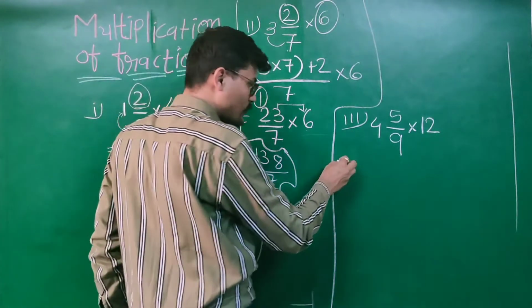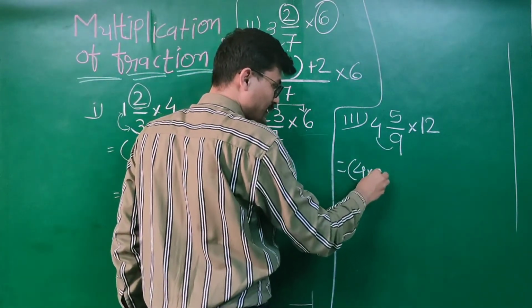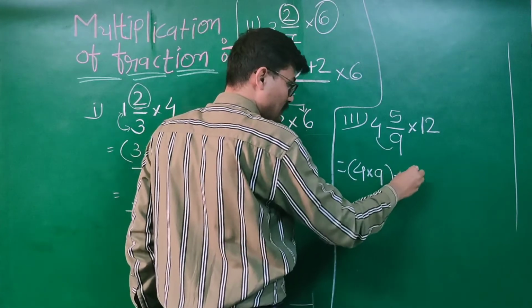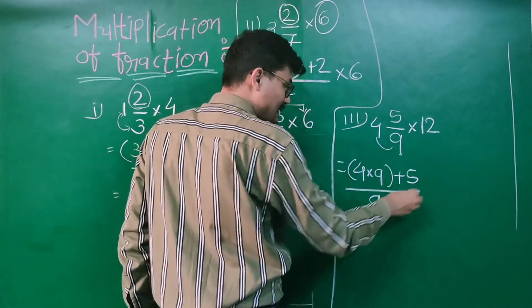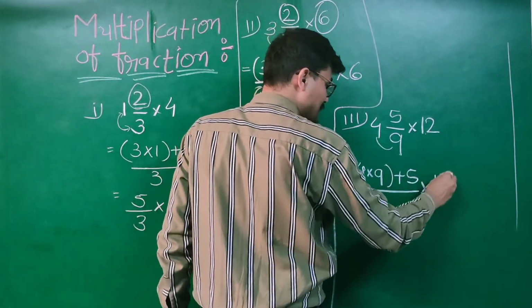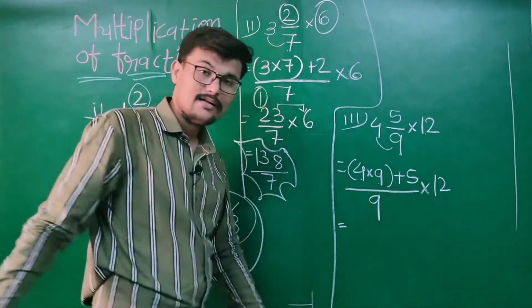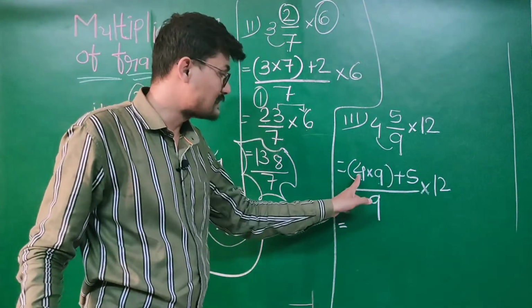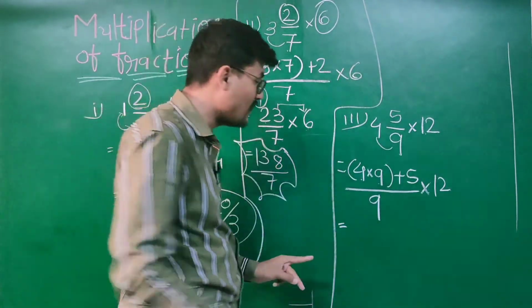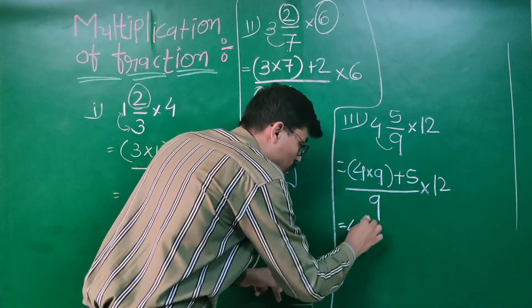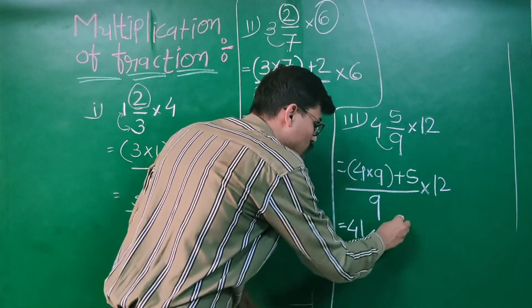So what can I do here? 4 into 9 plus 5, divided by 9, into 12 as it is. 4 9s are 36 plus 5, that is 41. So 41 upon 9 into 12.